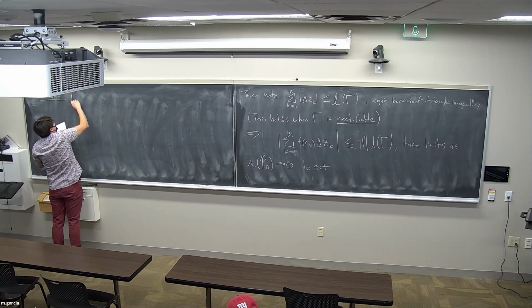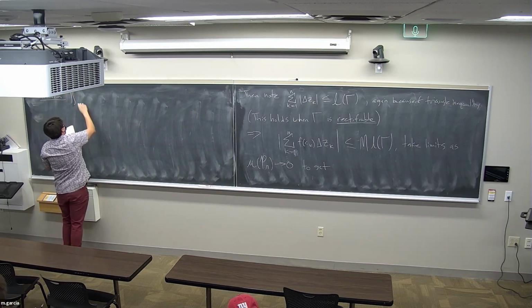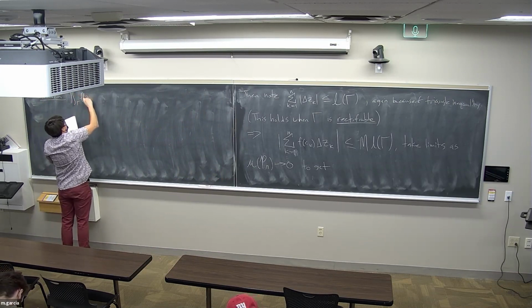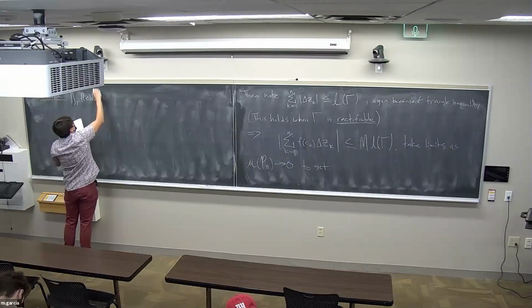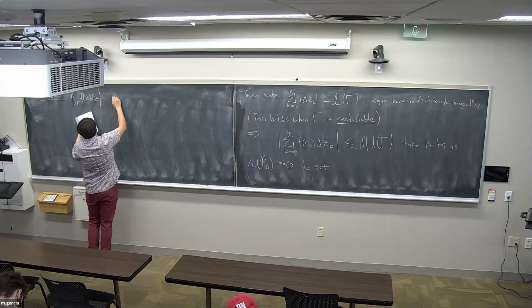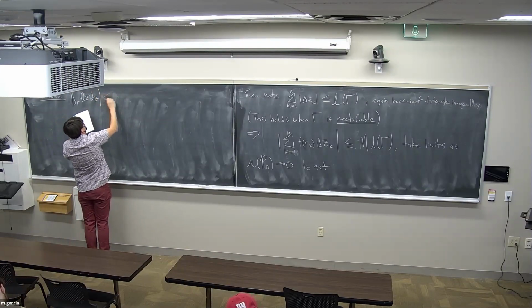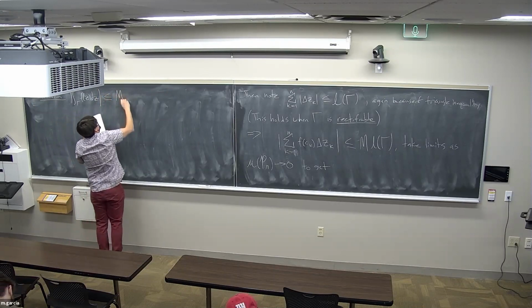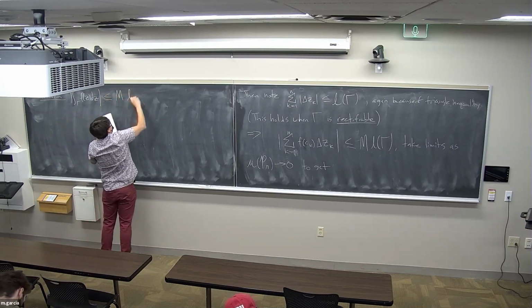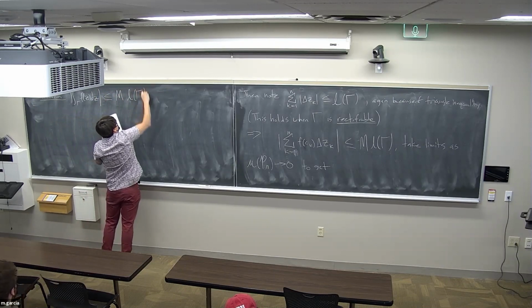The modulus of the contour integral along gamma of f of z dz is less than or equal to M times the length of gamma.